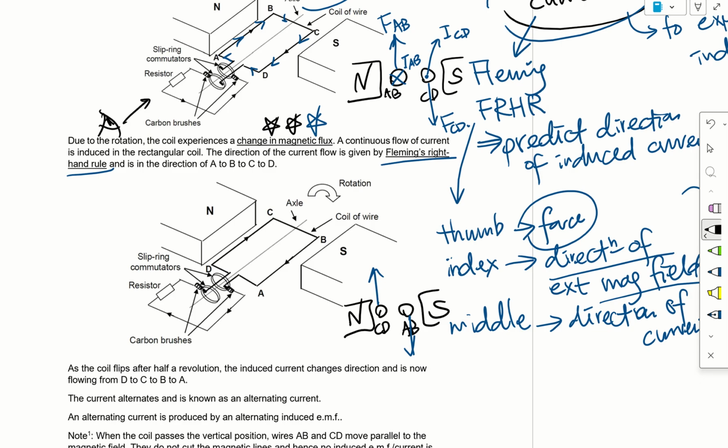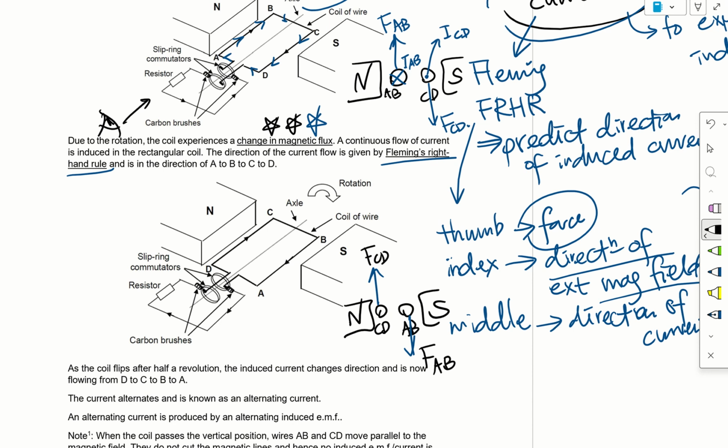And because we are turning it in a clockwise direction, now CD, at this instance, the force on CD will be up. The force on AB will be downwards.